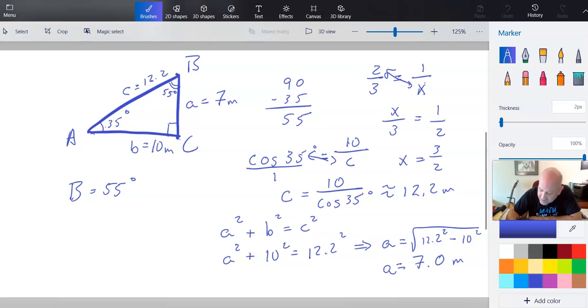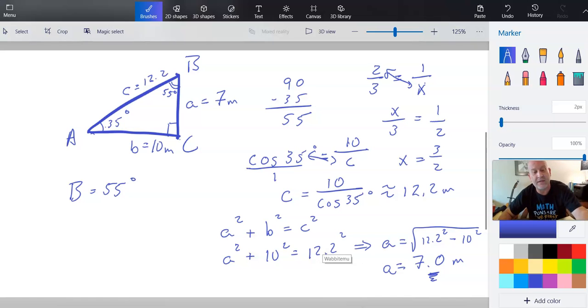Now, that 0.0 is important because it lets the reader know, whoever's reading your work, that it was rounded to the 10th place. Right? 7.7 is the same as 7.0, but the 0.0 tells you where it was rounded. Okay, so keep that in mind.